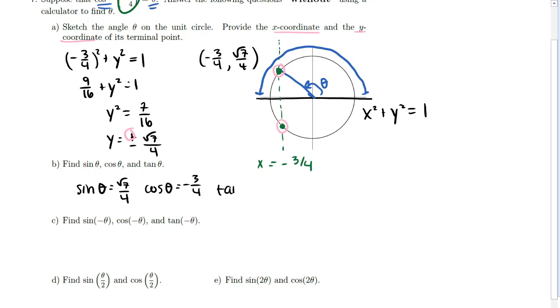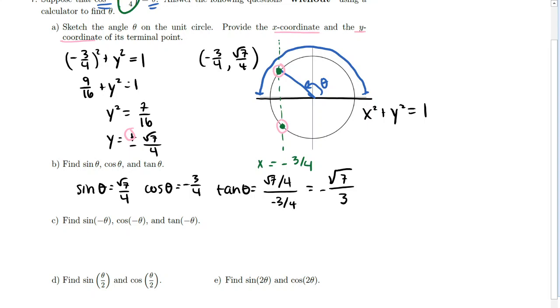And tangent of theta is the ratio of these two: square root of 7 over 4 divided by negative 3 over 4. I can clean that up as negative square root of 7 over 3. So that's tangent of theta.